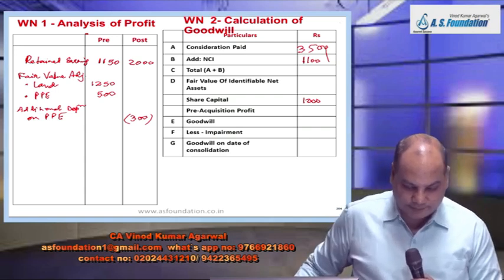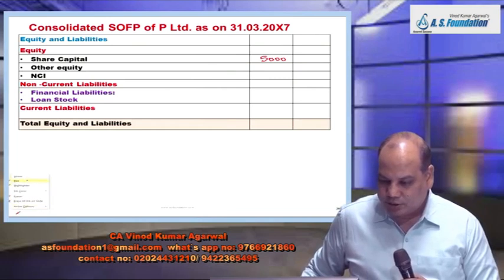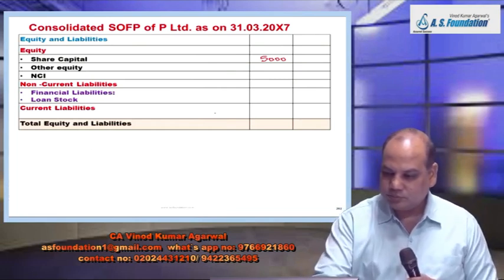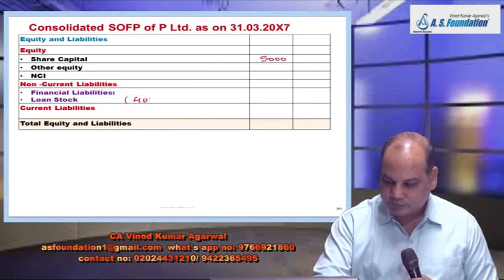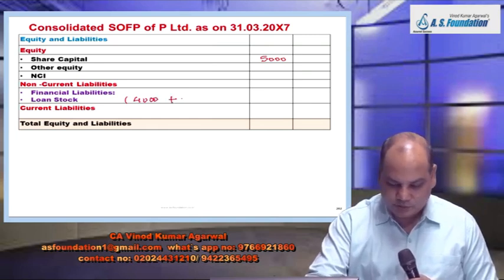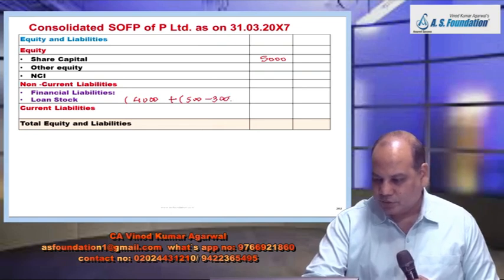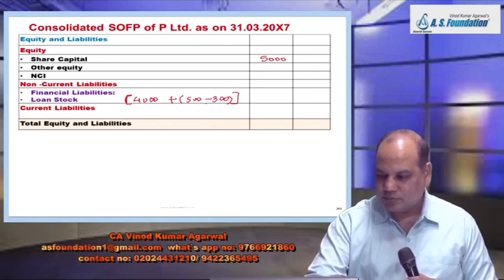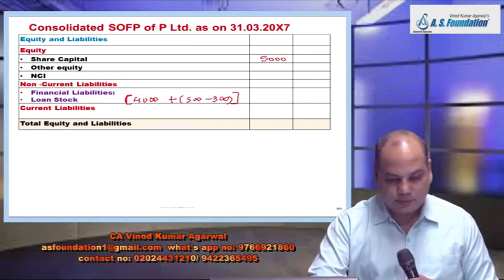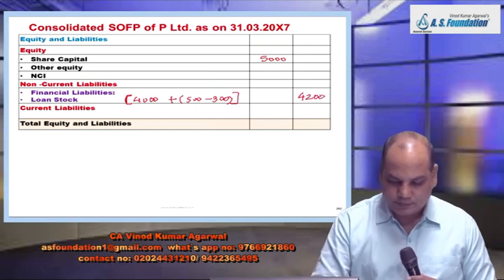Non-current liability. Come back to main page. In non-current liability, loan stock. Parent company is how much? 4,000. Subsidiary is how much? 500. Out of that, 300 is intergroup, so minus 300. So what is the net effect? 4,200.